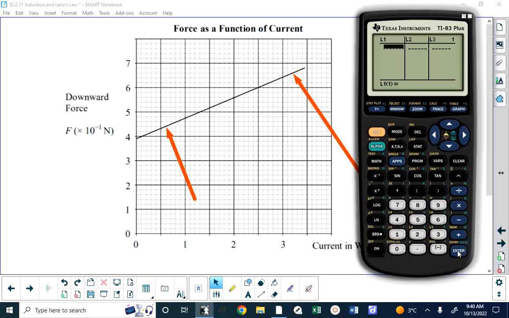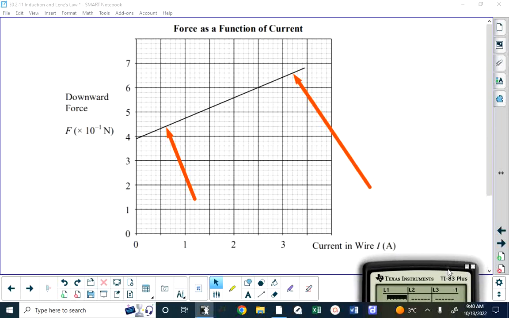The first data point, this is 0 to 1, so each of these squares is 0.1, and I can see this is at 0.6. I just want to make sure I read it correctly. It's 0.6 amps. It's not 0.6 times 10 to the 2 or anything.